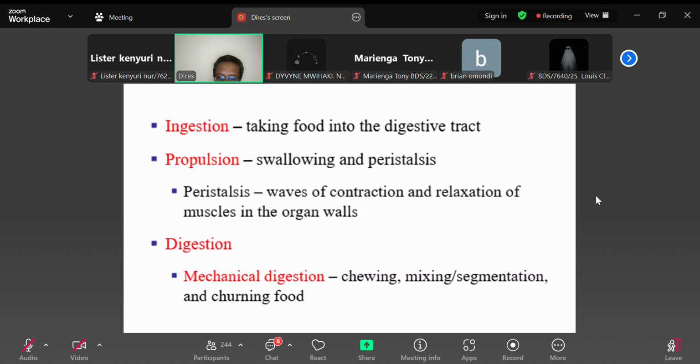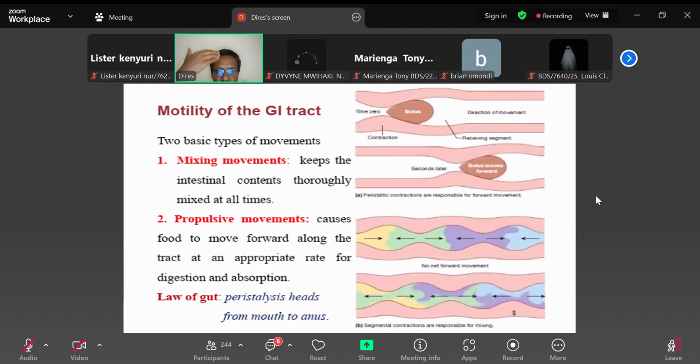So motility in the GI, which we call propulsive movements in the GIT, are of two types: the mixing movements and the propulsive movements. These are the two basic types of movements in the GIT.